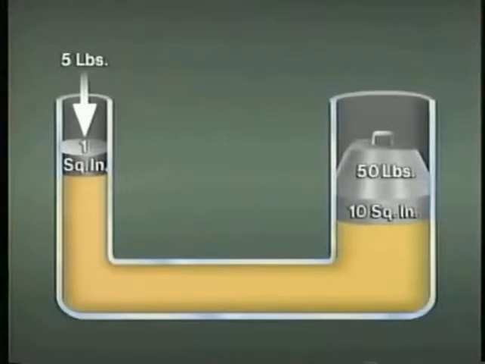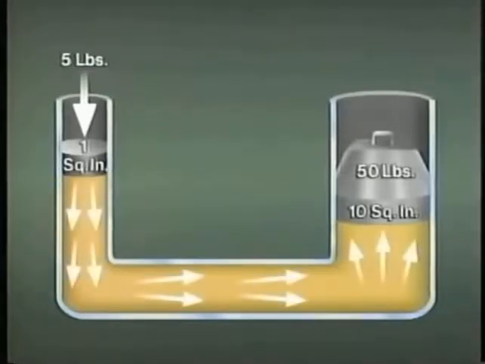Now, actual hydraulic systems are not just designed to create a mechanical advantage. They're designed to cause movement as well. Let's see how. Right now, 5 pounds of force on the smaller piston creates just enough pressure in the fluid to support the 50-pound load on the larger piston.